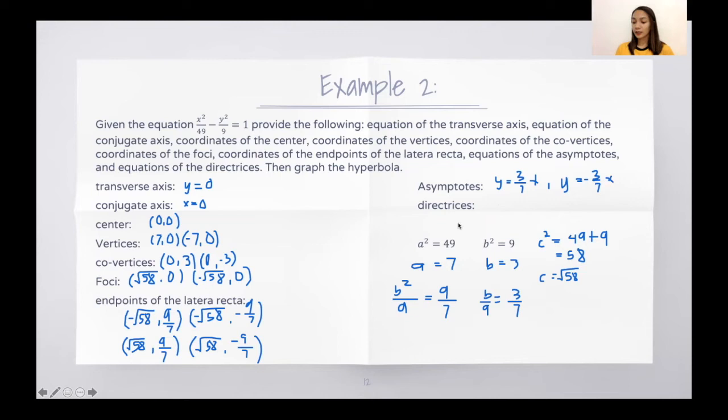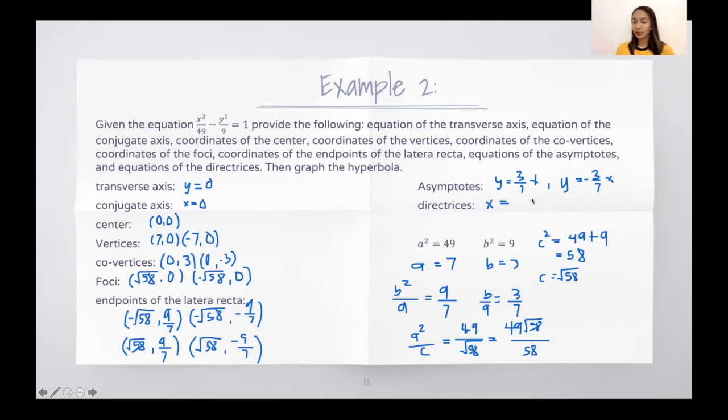For the directrices naman, we have x is equal to positive and negative a squared all over c. So let us find the value of a squared all over c. So a squared is equal to 49. C is the square root of 58. Okay, so we have 49, the square root of 58 all over 58.